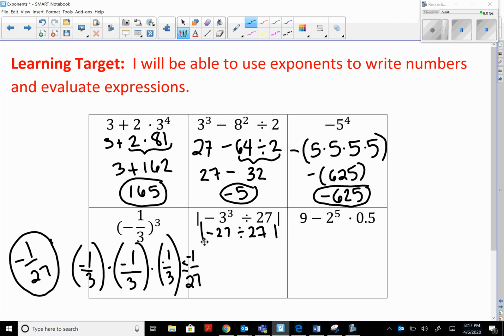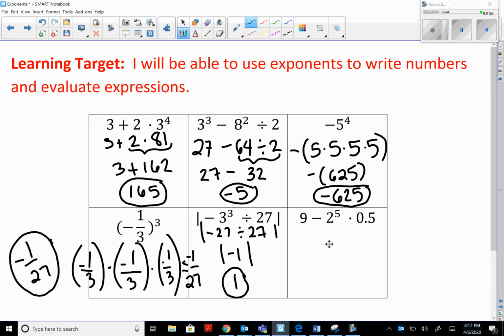So now I'm going to divide. Negative 27 divided by positive 27 is negative 1. The absolute value of negative 1 is positive 1. And lastly, we have subtraction, we have exponents, and we have multiplication.